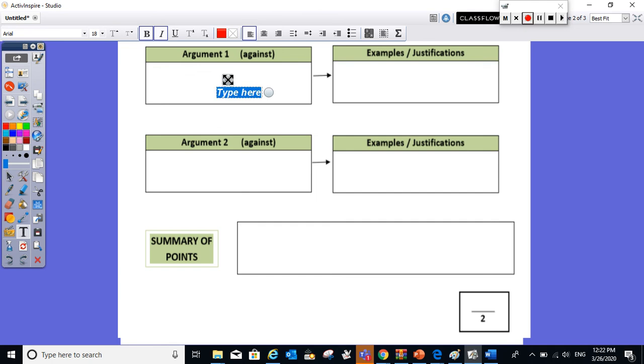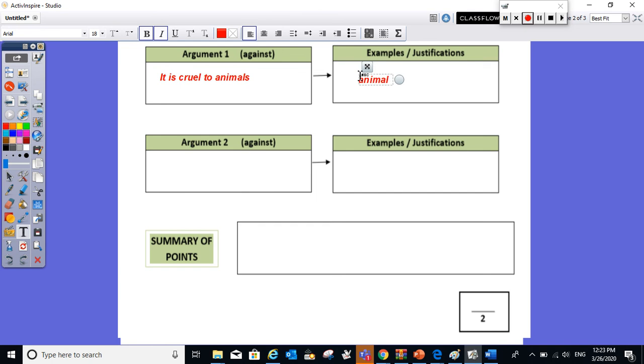So here we are going to think about an argument which is against. We can say that it is really bad for animals because they will suffer. So you can say it is cruel to animals. The word cruel means inhumane. So it is cruel to animals.